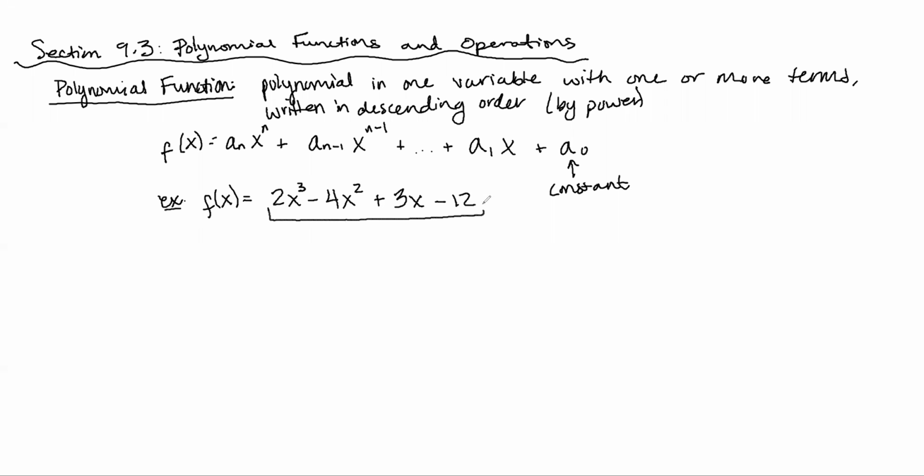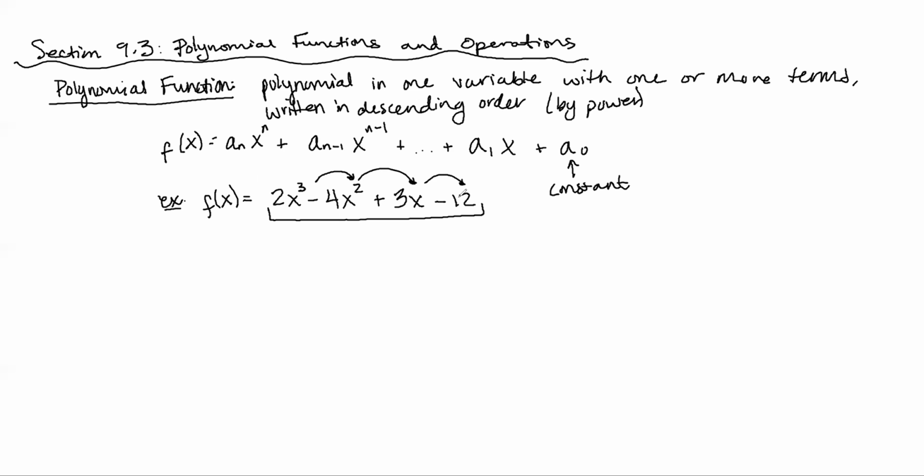These are polynomials on the right side here. These polynomial functions will all contain polynomials of some sort with one variable. So you're just going to see x's, or it could be y's. Most of the time it'll be an x. And it's written in descending order, meaning the exponents here go down every single time. And that last one is our constant. So that's what we're going to be working with.